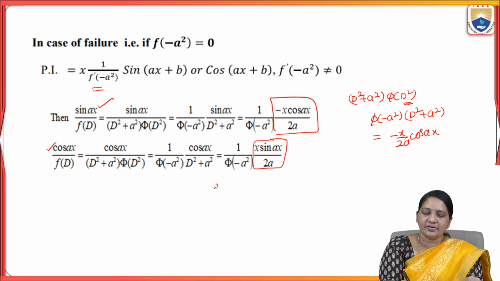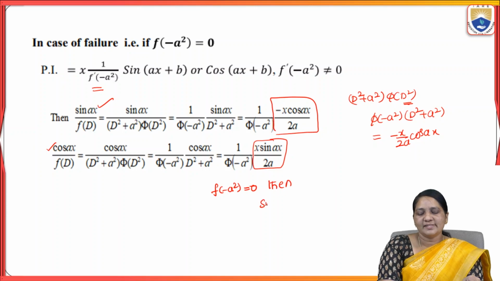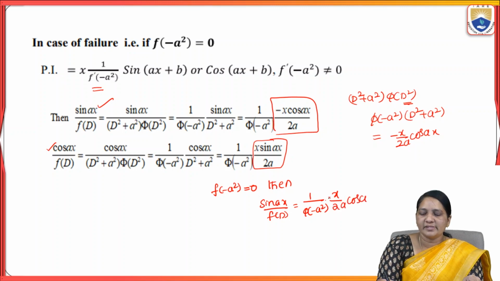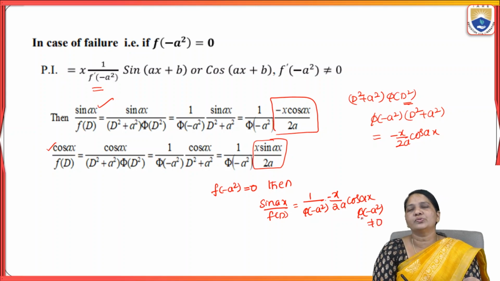These are the formulas. If f of minus a square equals 0, then sin ax by f of d is equal to 1 by phi of minus a square, into minus x by 2a cos ax. Here phi of minus a square should not be equal to 0.